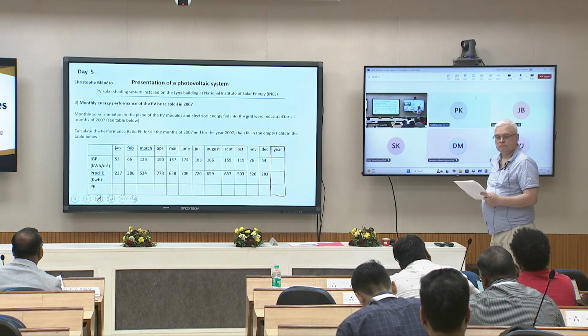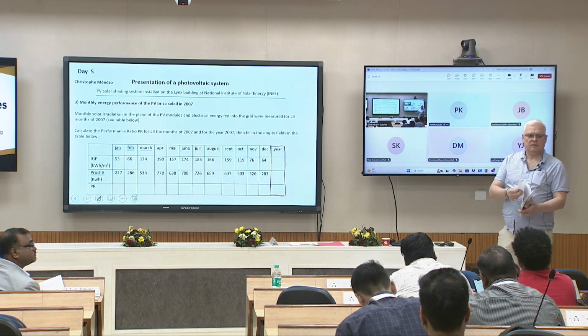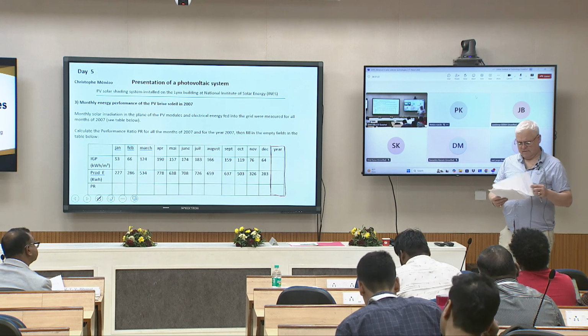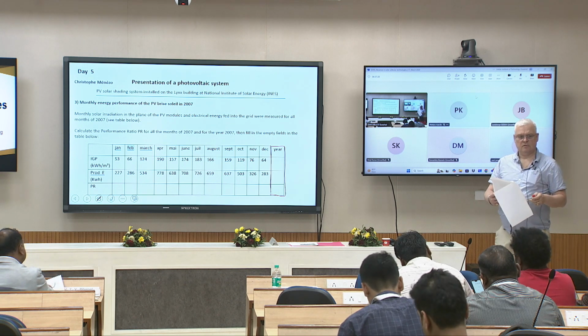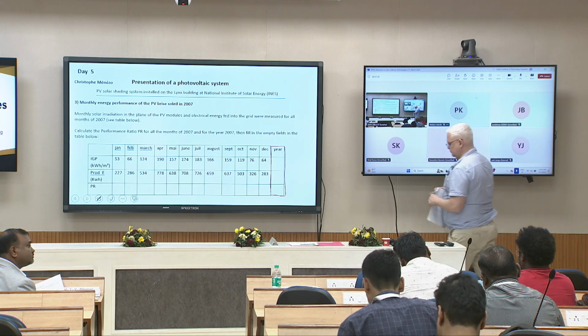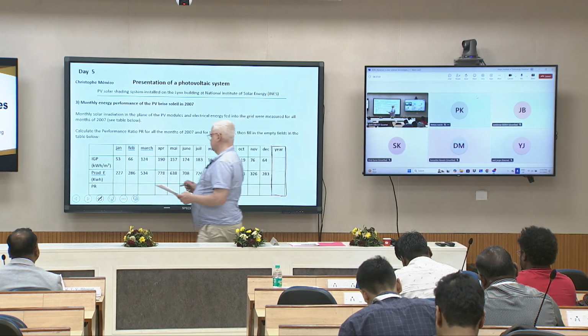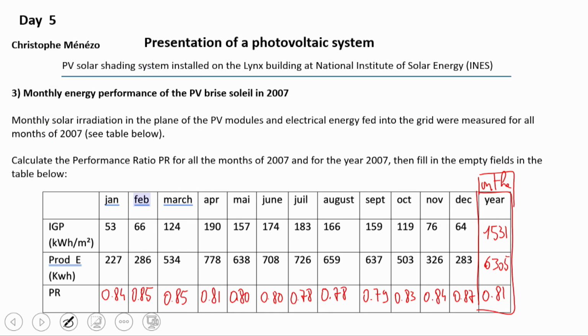January, this 9.5 points. For the first one, I have 0.84. The area of the solar PV, it's 45. 53 multiplied by 445, E divided by 55 times area will be 9.5%.